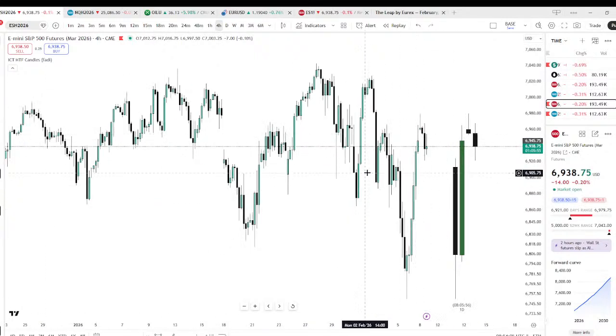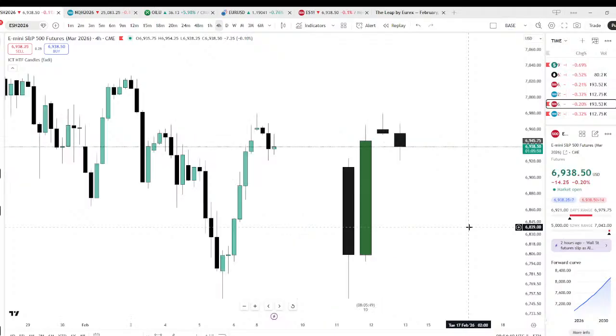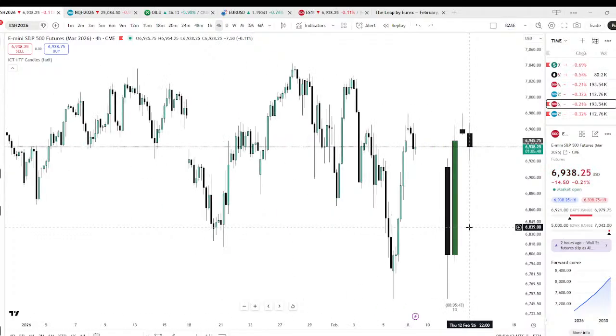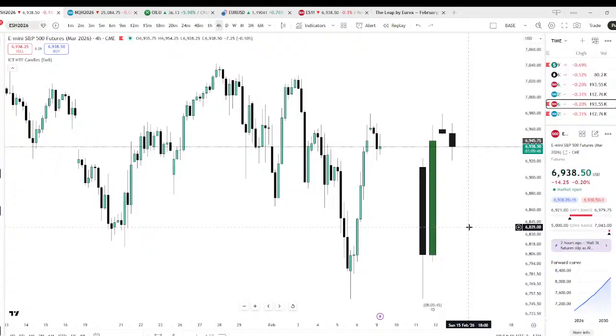So yeah, I'd expect acceleration back down into this range, since these highs were taken out.